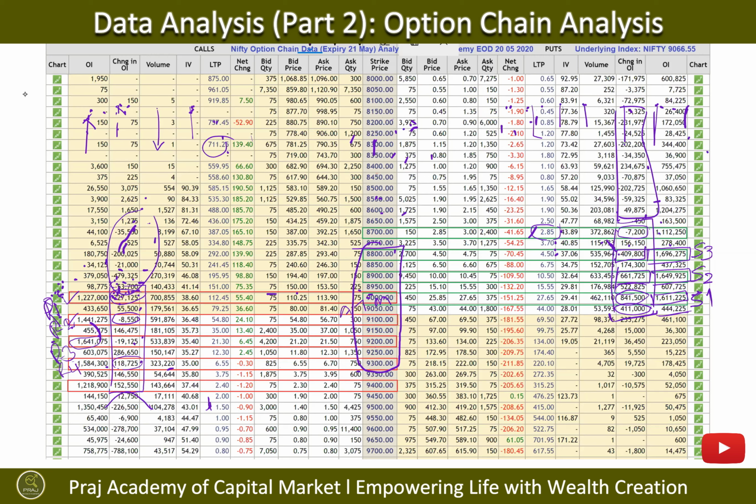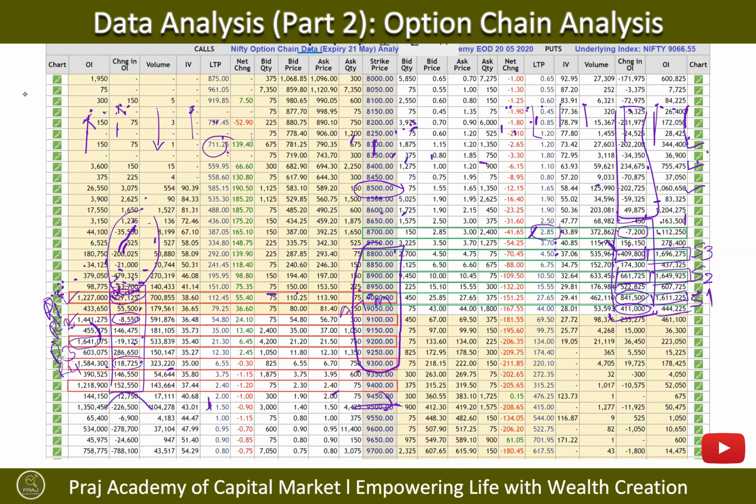And still, there are a good amount of overall contracts at various strike prices, including 8,500, including 9,500, including 9,700 or 9,600.